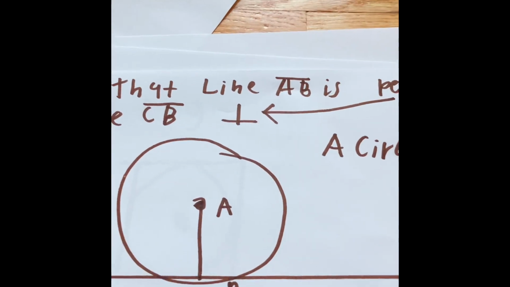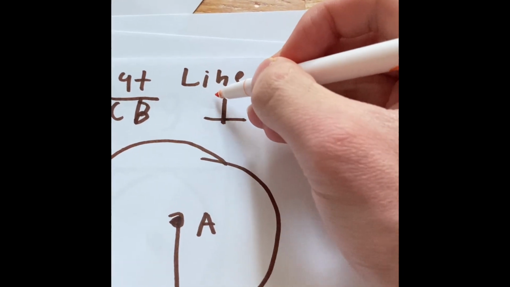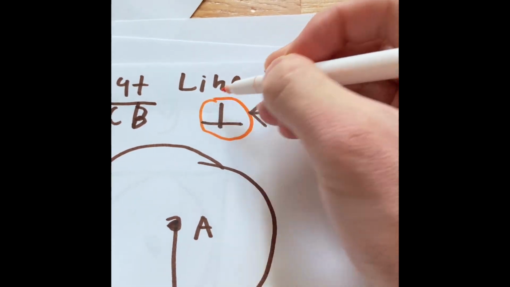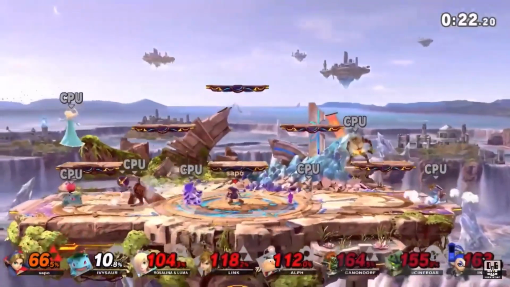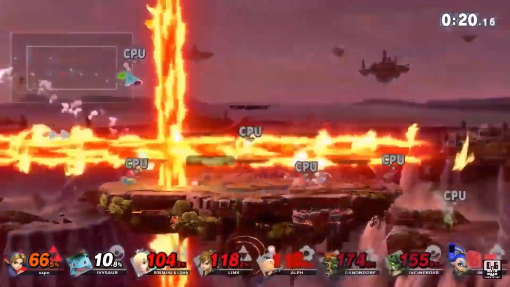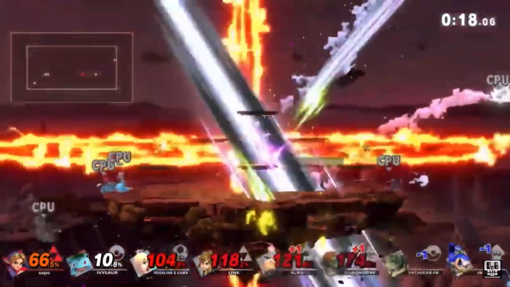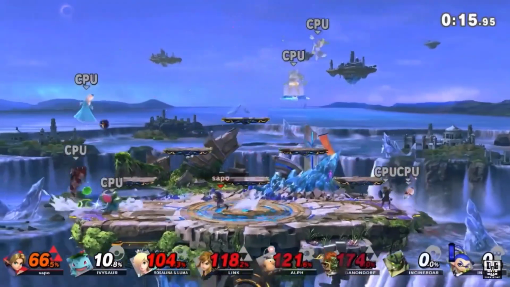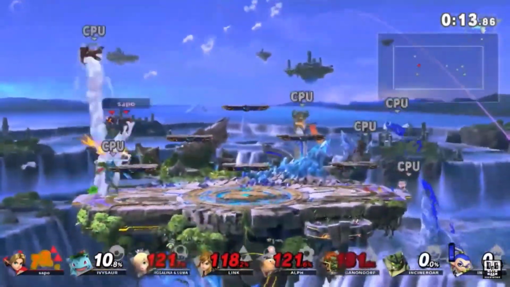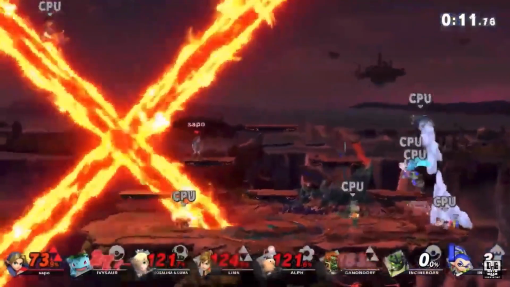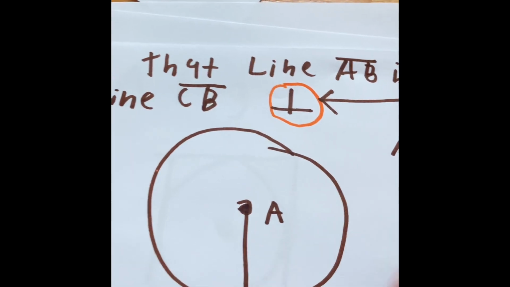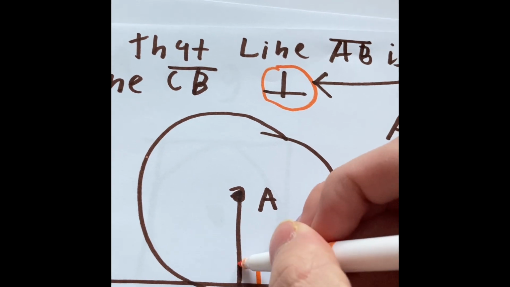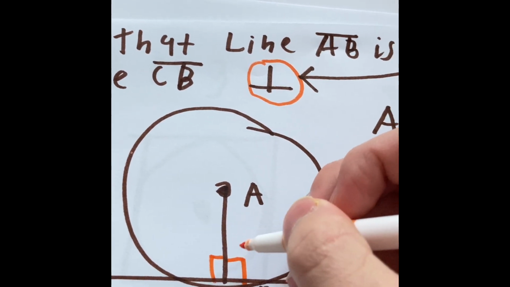And if you ever go to geometry or learn geometry, this symbol right here is the perpendicular line symbol. So we need to prove that right over here and right over here is 90 degrees.